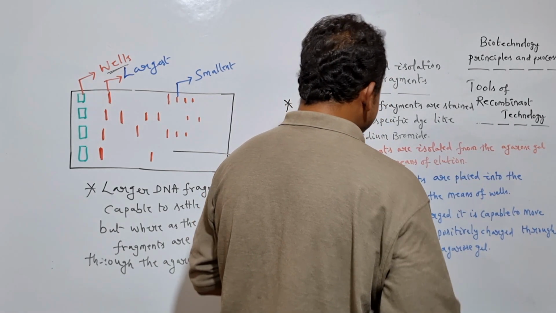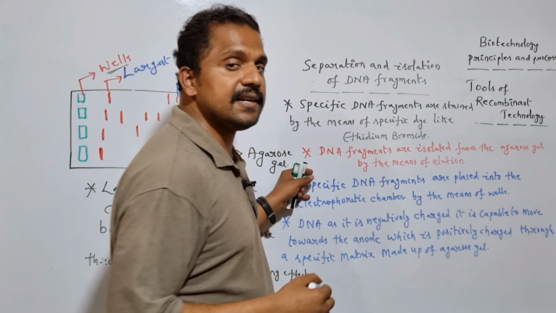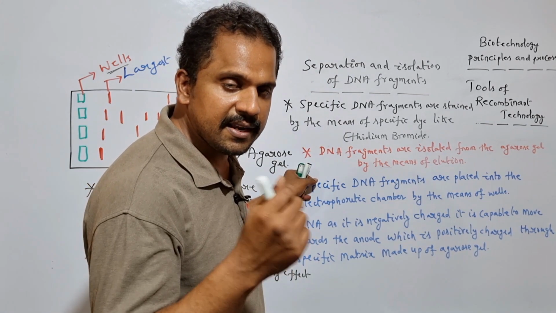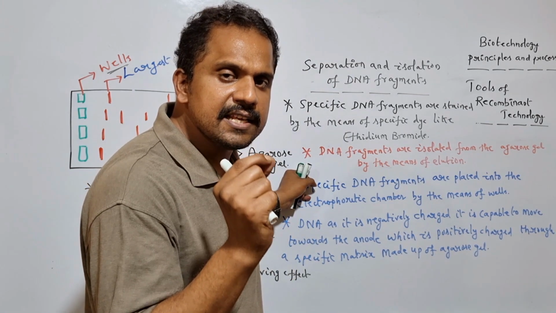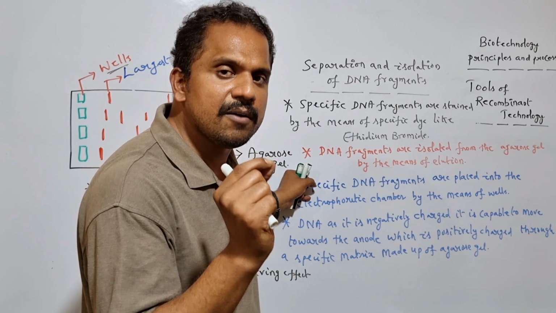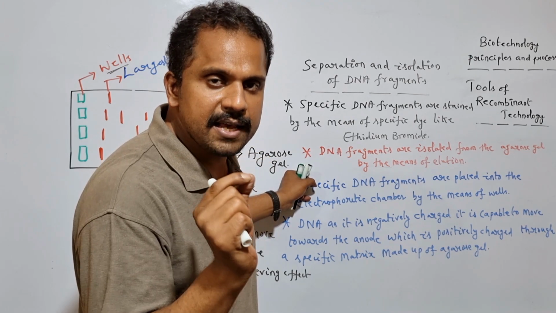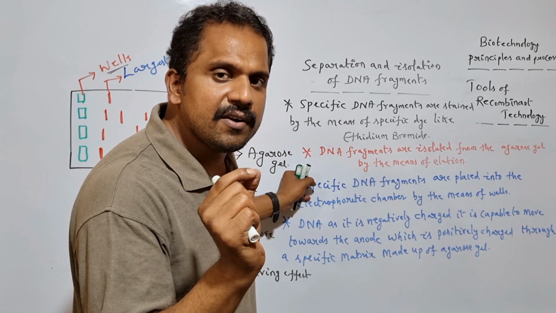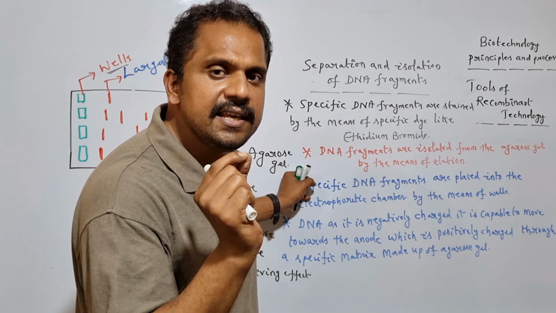So after the successful isolation of the DNA fragments from the electrophoretic chamber, the DNA fragments are most commonly ligated with the native plasmid DNA by taking advantage of a specific enzyme termed as DNA ligase.